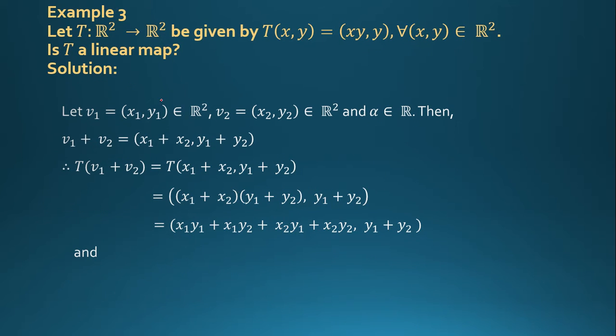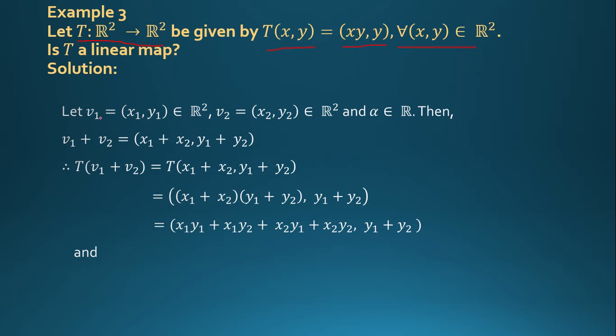Now third example, we have given the transformation from R2 to R2, and T of (x, y) is equal to (x into y, y) for every (x, y) belongs to R2. Now check, T is a linear map.